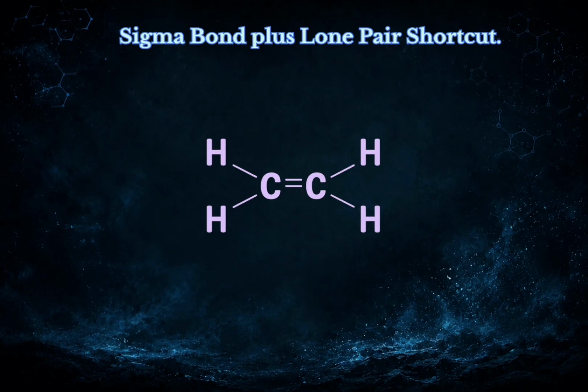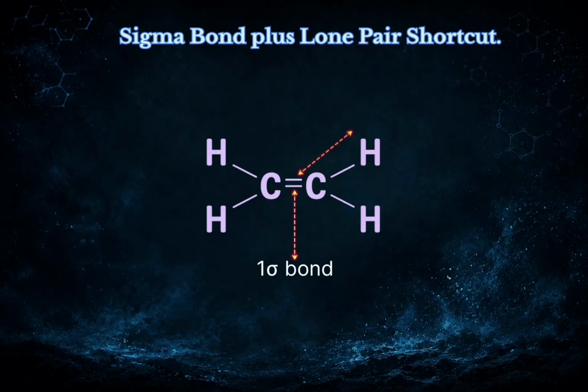Ethene, C₂H₄. We'll determine the hybridization of one carbon atom. Since both carbon atoms are identical, the answer will be the same for either one. That carbon forms 2 single bonds with hydrogen and 1 double bond with the other carbon. Remember, a double bond still contains only 1 sigma bond.